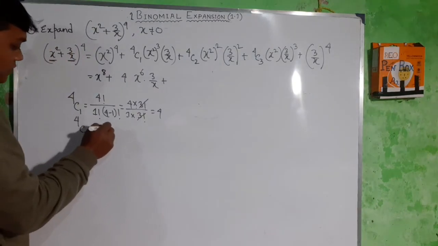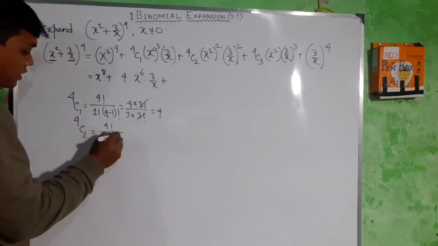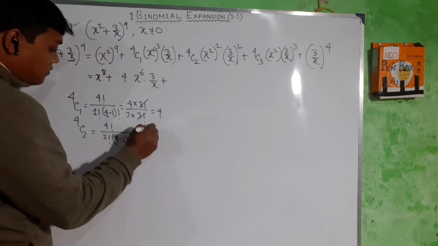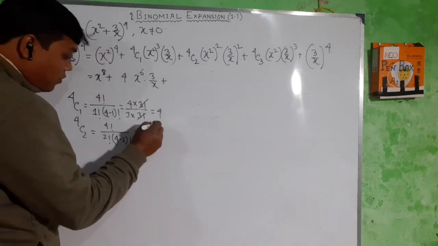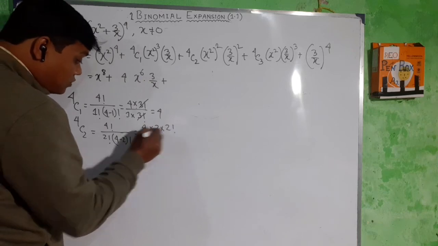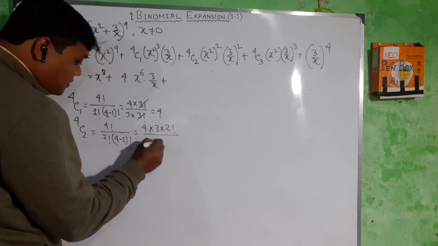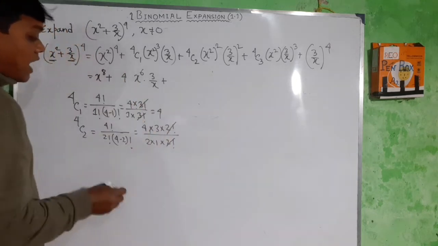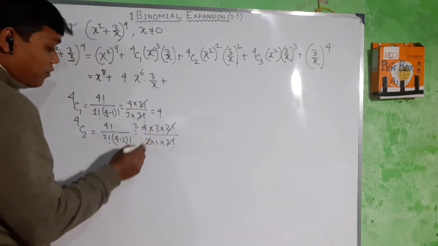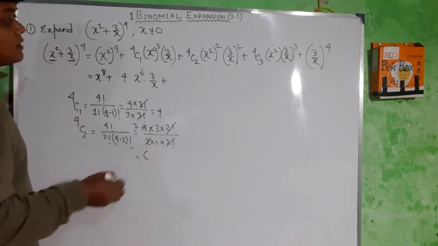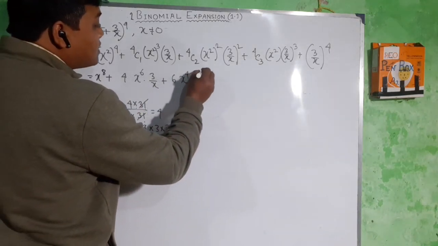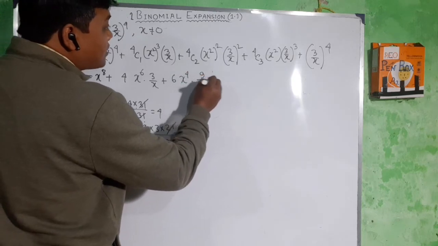That is 4 factorial by 2 factorial into (4 minus 2) factorial. So we can write 4 into 3 into 2 factorial, and 2 factorial is 2 into 1, so 2 factorial is cancelled. 12 by 2, so we will get 6. So 6x⁴ and 9/x².